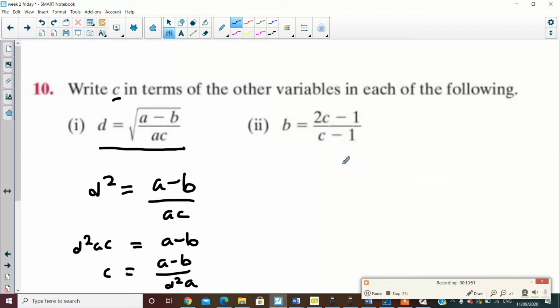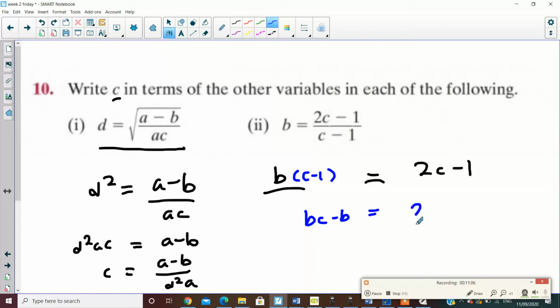Next one's a bit more difficult. Cross multiply the C minus 1 on the bottom to the top. And you have B into C minus 1 equals 2C minus 1. BC minus B equals 2C minus 1. BC minus 2C equals B plus 1.